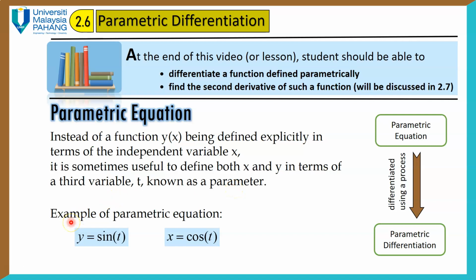For example, let's say we have y equal to sin t and x equal to cos t. Then we can find the derivative of y with respect to x based on these two parametric equations. So the simple idea is, when you have parametric equations, in order to differentiate, you apply a process called parametric differentiation.